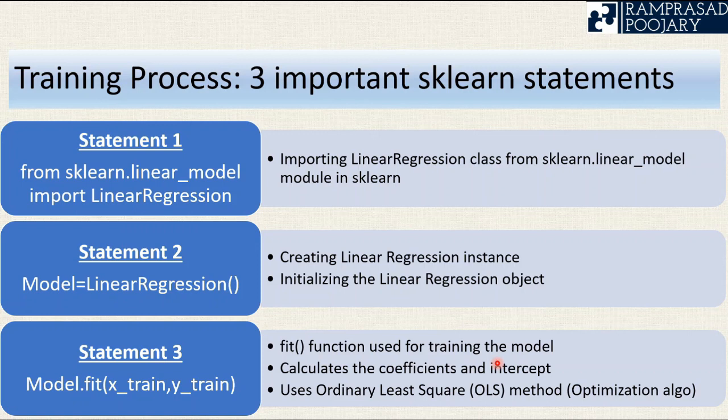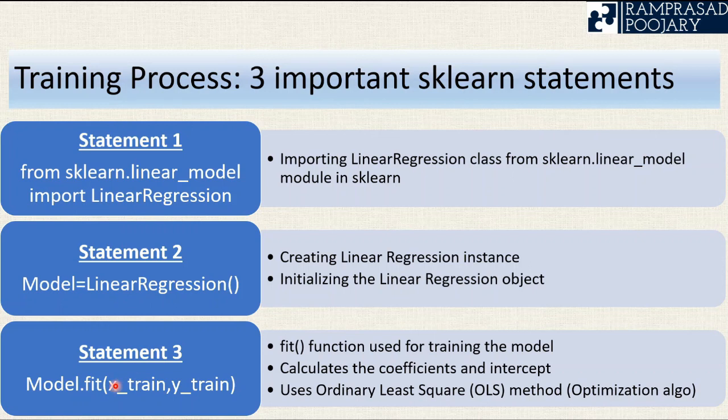Statement 3 is used for training a model, and we use the fit function in this case. So model.fit, and then you have to give the training data. Already we split the original data set into 2 different data sets, the training data set and the test data set. Now for training we use the training data set.